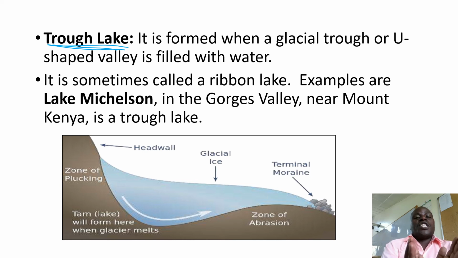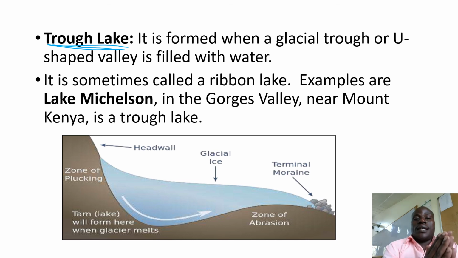When the former V-shaped valley is attacked by lateral erosion, its sides expand, become wide, and as they become wide, the letter V changes to letter U. That's why we have the U-shaped valley.